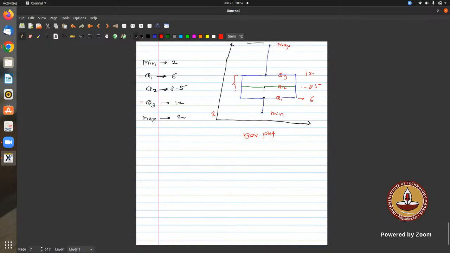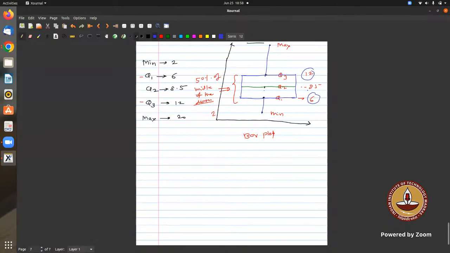What does this box represent? The middle 50% of the data lies within these two values, 6 and 12. So 50% of my entire data set lies between 6 and 12.